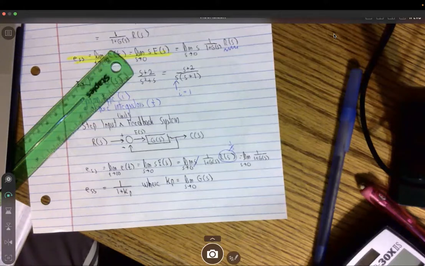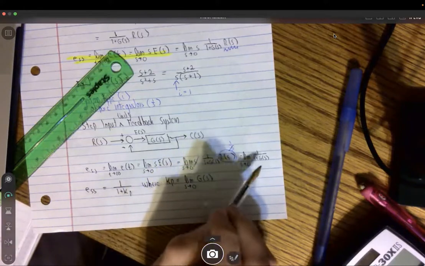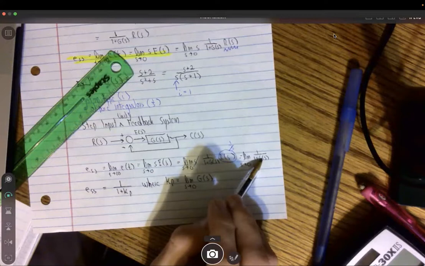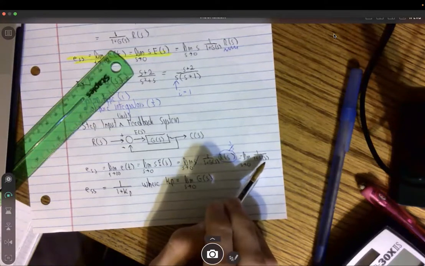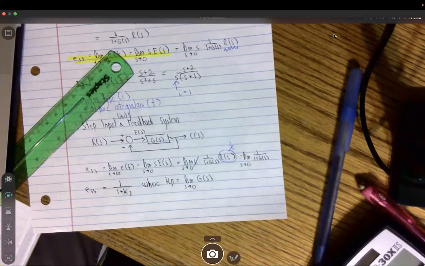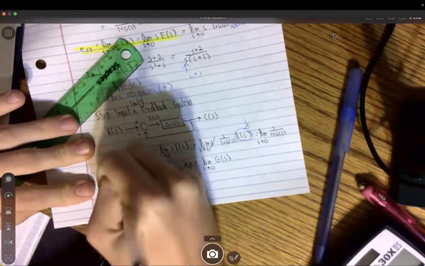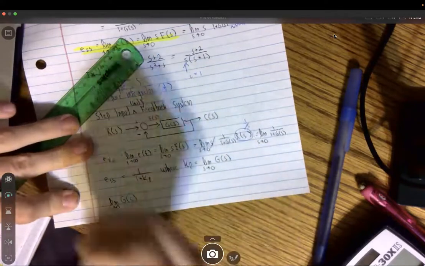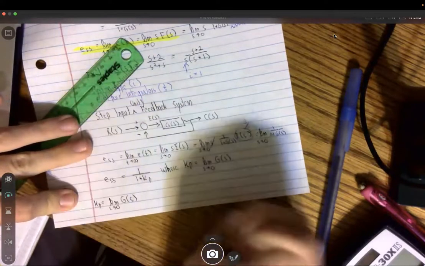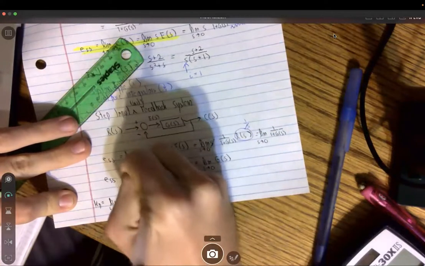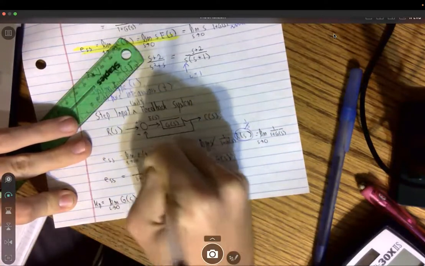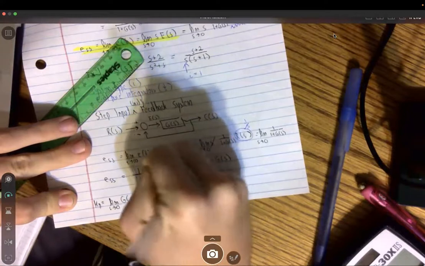What you're going to see is if your G of S in here has a 1 over S, it's going to make sure that the steady state error is going to be 0, because let me just write this note. If you have your limit as S goes to 0 of G of S, remember, this is your KP, this is what we set it equal to. And so this would be the limit as S goes to 0 of your numerator over your denominator, those two polynomials.